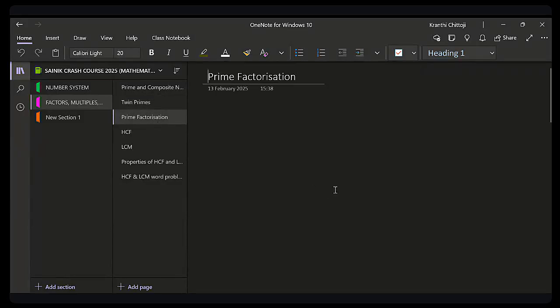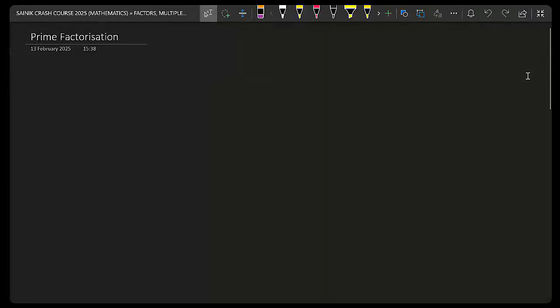Next important concept we are going to discuss is prime factorization, which is going to be very helpful for us while finding HCF and LCM also. So what is prime factorization?